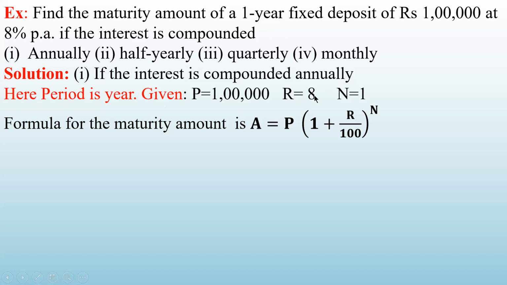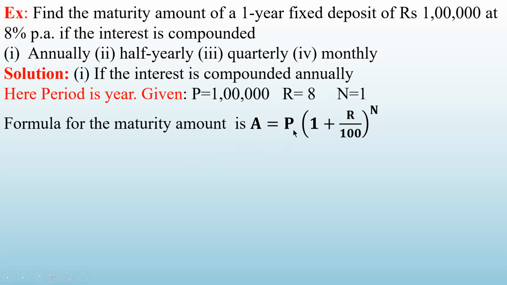R is 8% per annum and n is 1 year, so no need of conversion. So in this problem, you are given P is 1 lakh, R is 8% per annum and n is 1 year. Now, you know the formula for the maturity amount.